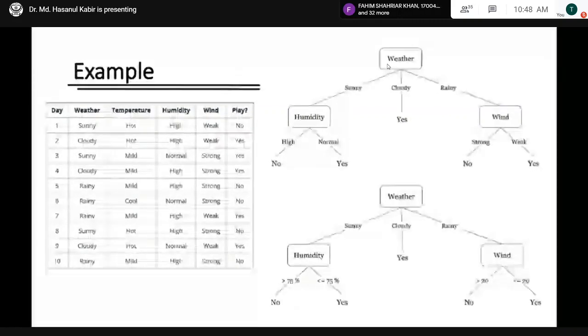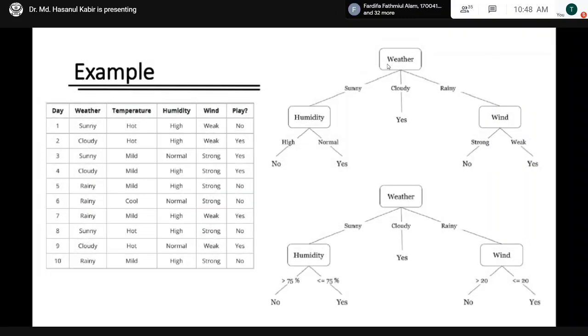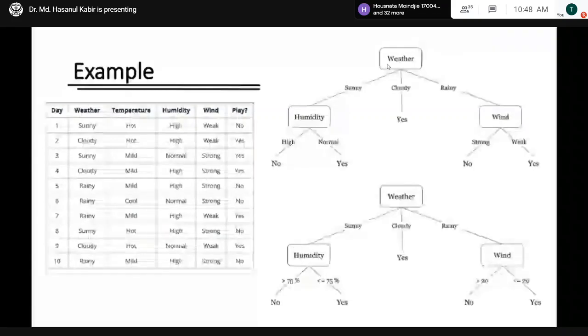Now, if you have picked humidity, then how many of them will follow the branch high? What do you think? 2, right? Because we can see that record number 1 and record number 8 satisfy that humidity is going to be high. And how many of them will follow the humidity normal? 1.